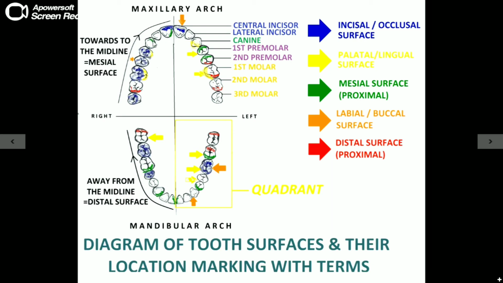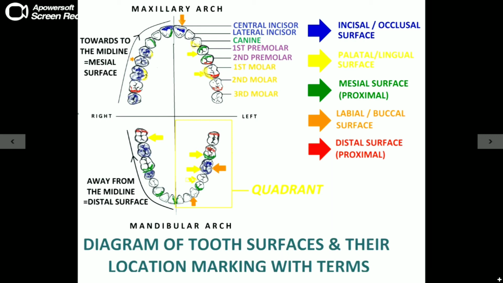This side surface marked with green color is the mesial surface, and the surface of the teeth away from the midline we call the distal surface. Here we mark with red color here and here.